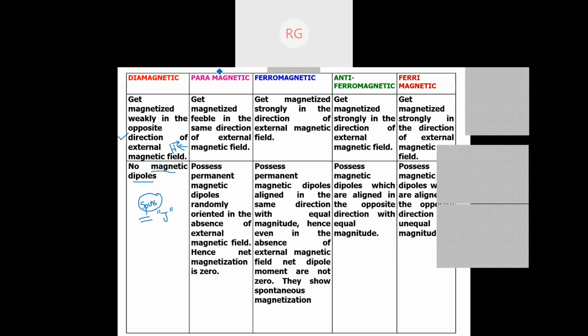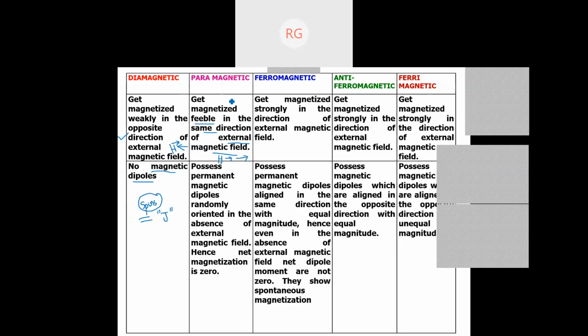Paramagnetic materials, when placed in an external magnetic field, get magnetized very weakly or feebly in the same direction as the applied field. That means if H is in this direction, they also get magnetized in the same direction, which is opposite to diamagnetic materials.